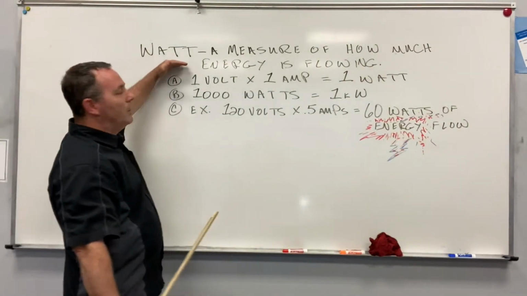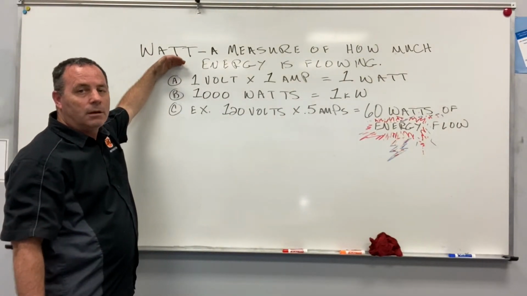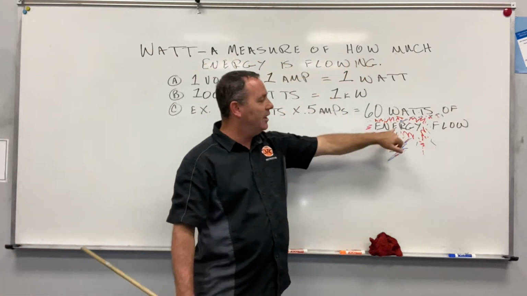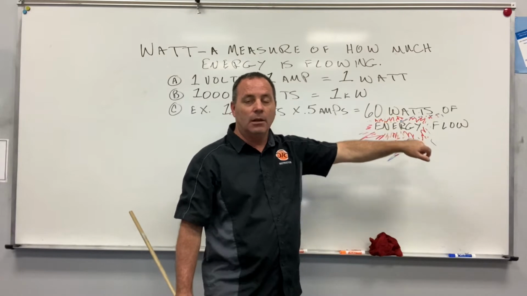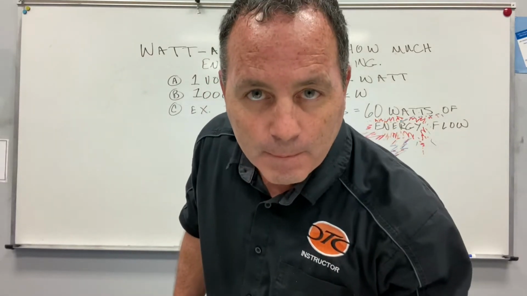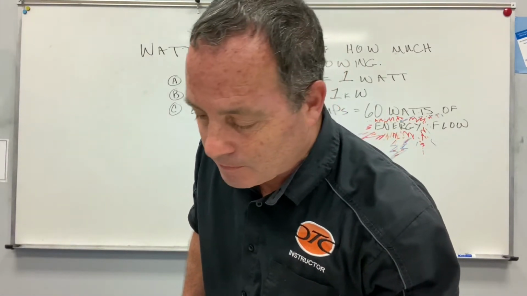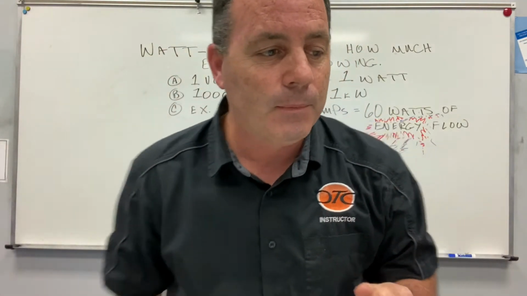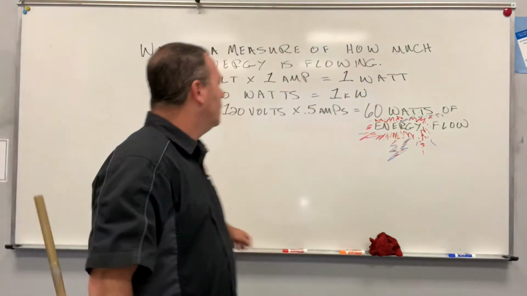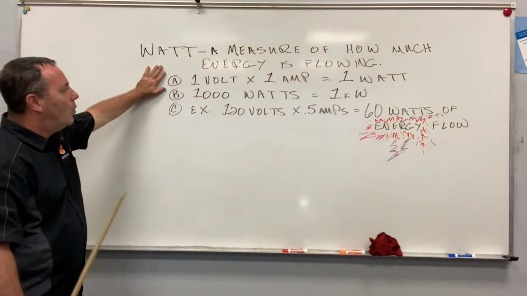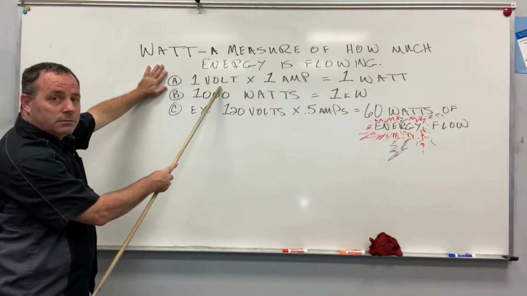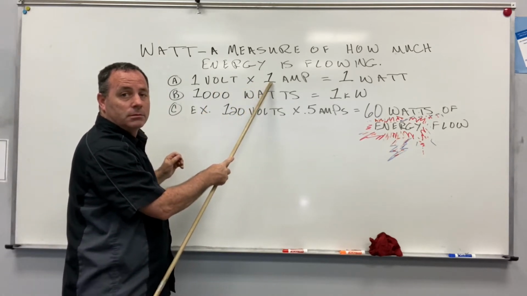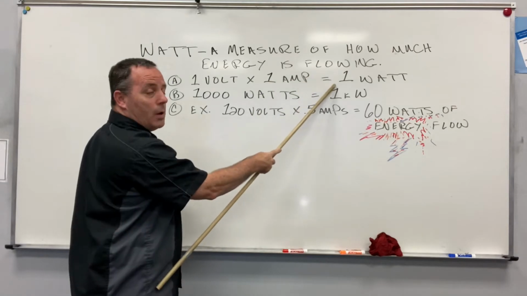So when we're dealing with a watt, a measure of how much energy is flowing, let's convert that into mathematical terms. Code word number 3 is 3. 1 volt times 1 amp equals 1 watt.